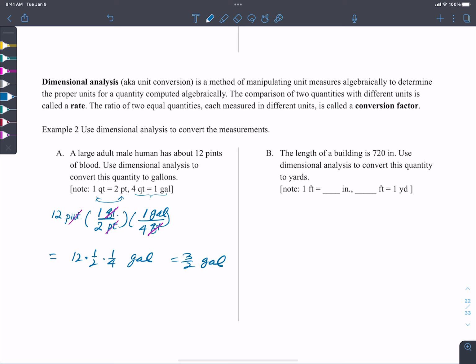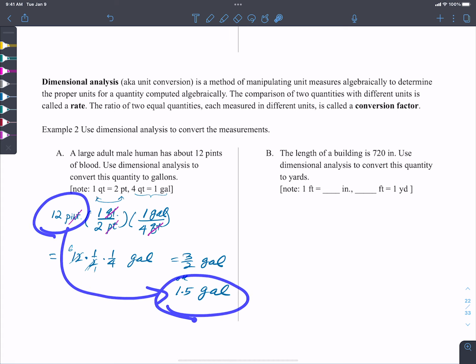3/2 gallons. Or if you prefer, you could just say 2 goes into 2, and 2 goes into 6 three times, so 6/4, and you could take one more step to do that. And if you want, you could even convert that to a decimal if you like. Not necessary, but you can. So what that ultimately means is that 12 pints is equal to 1.5 gallons.